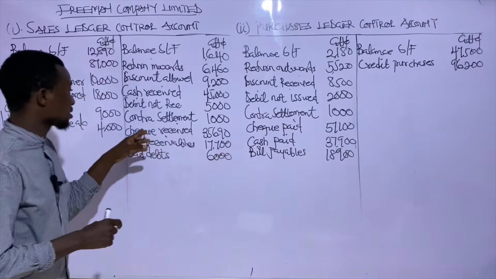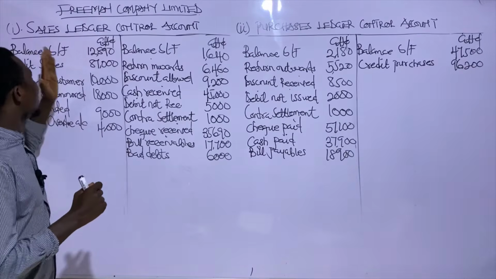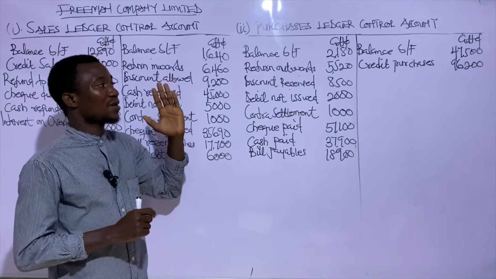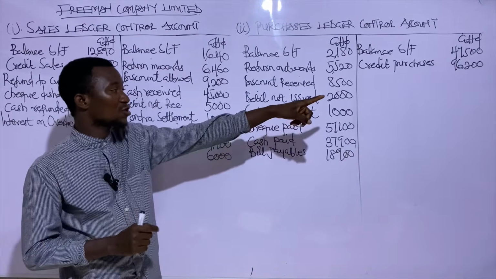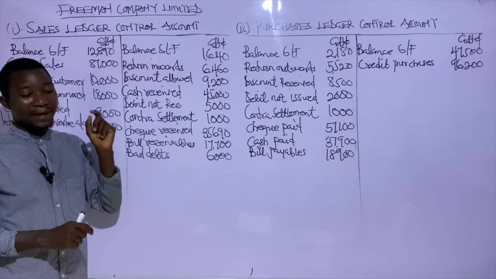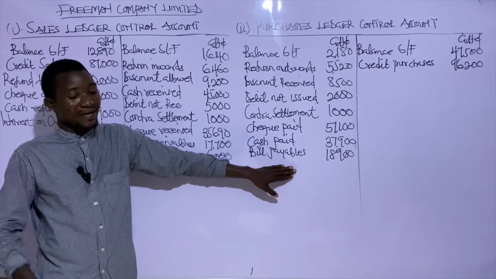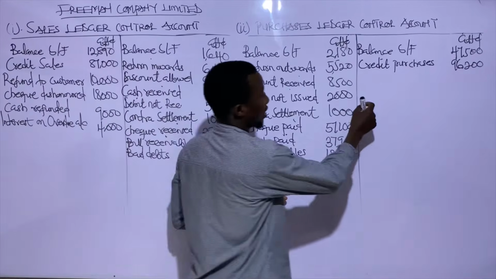The contra settlement is the actual set off, meaning debtors has a normal debit balance, creditors has a normal credit balance. So if there is set off, it should be debited to this account and credited to this account. But this one is a debit balance in the purchases ledger set off against a credit balance in the sales ledger. So if you are setting off here, we should record it here.